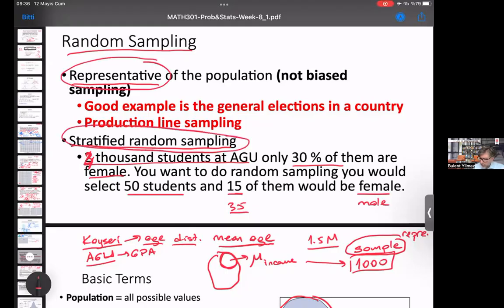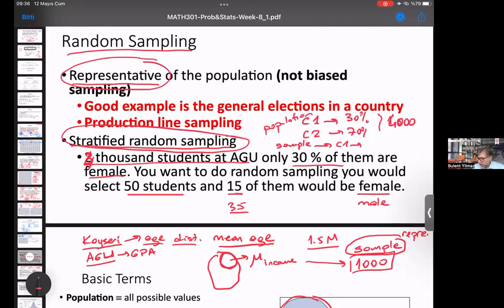That means there are two categories, category 1 and category 2. In the population, this category is 30% and this category is 70%. In the sample, it should be the same thing. Again, the population is 1.5 million or 4,000 people at AGÜ.